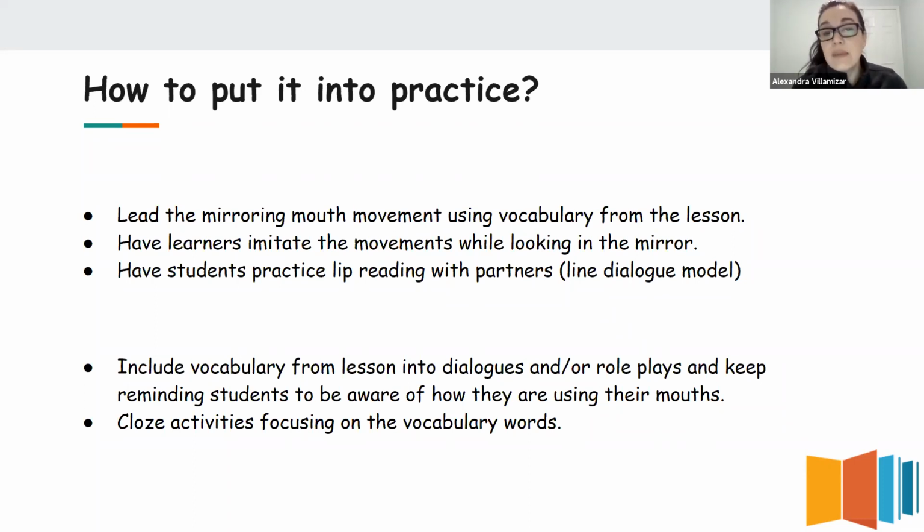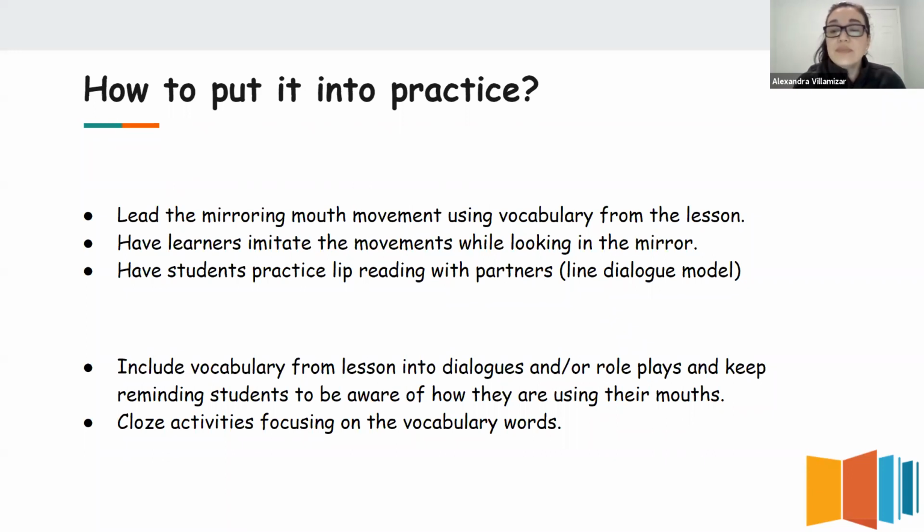So mirror the mouth movement using the vocabulary from the lesson. Then you will have your students imitate those movements while they look at themselves in the mirror. And after they have done those two exercises, you can have students practice lip reading with partners if you have a small group. If not, it will again be you and your student.